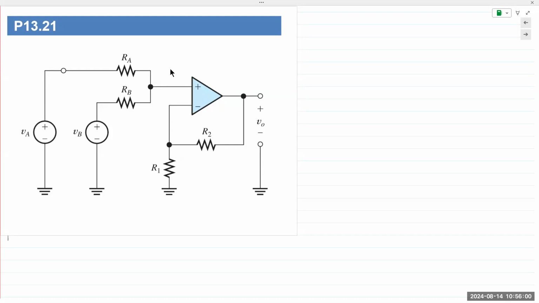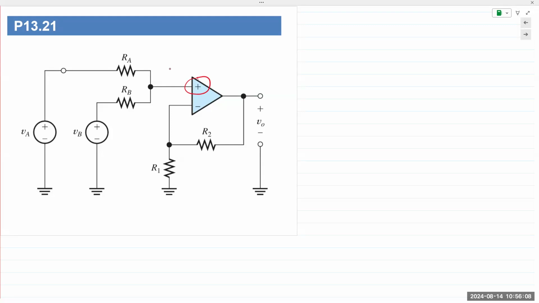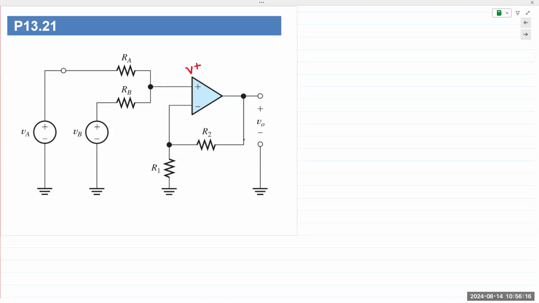So here the circuit is a non-inverting summing amplifier. The input is being applied to the non-inverting terminal, V plus. At the inverting terminal, we have negative feedback. Output is being fed back into the inverting terminal.